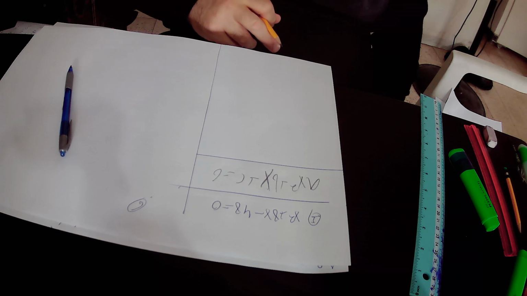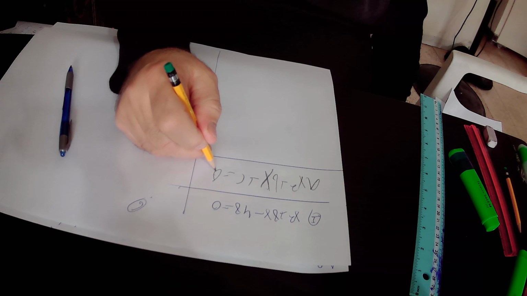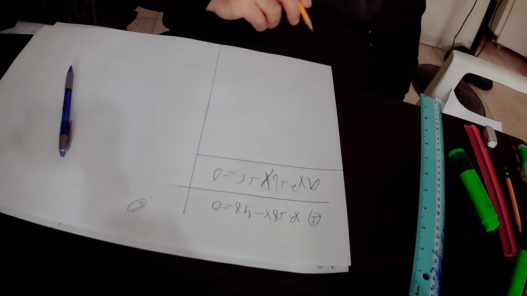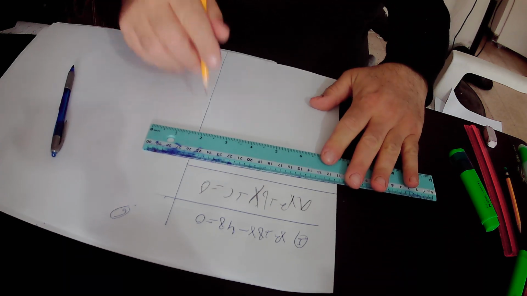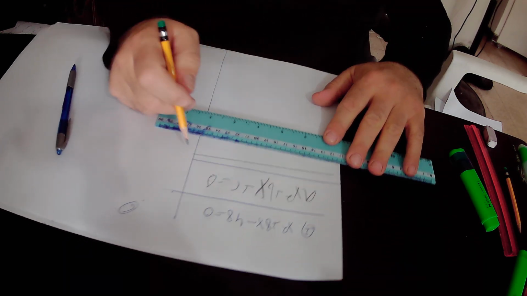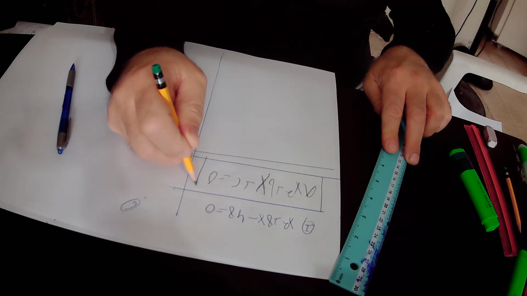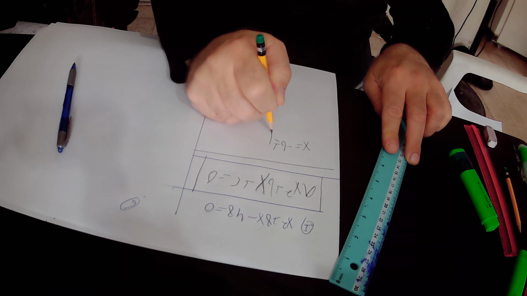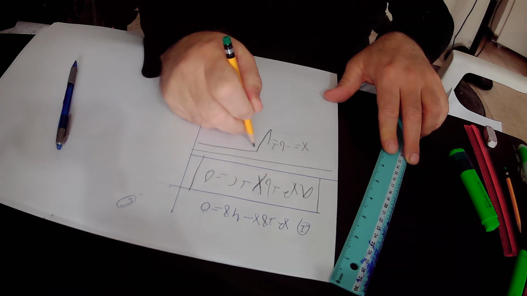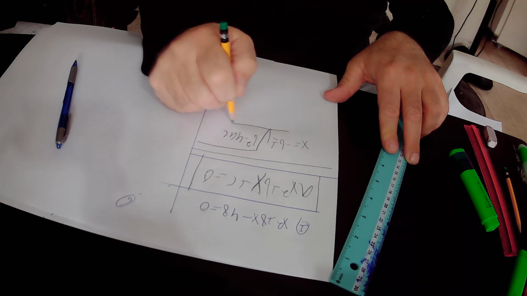In this general formula, a, b, and c are the coefficients of this quadratic equation, and x is the variable that we are looking for. We find the value of x according to the following formula: x equals minus b plus minus the square root of b squared minus 4 times a times c, over 2a.